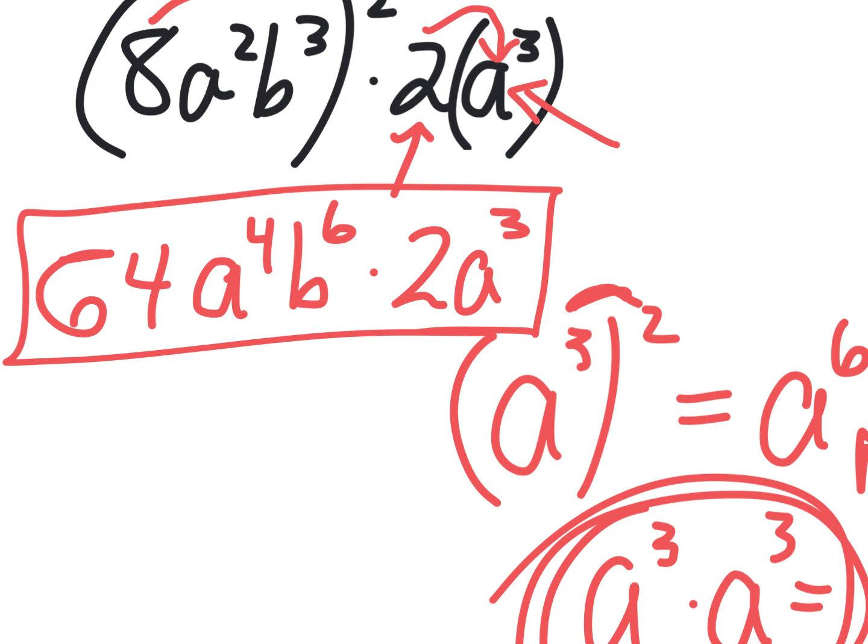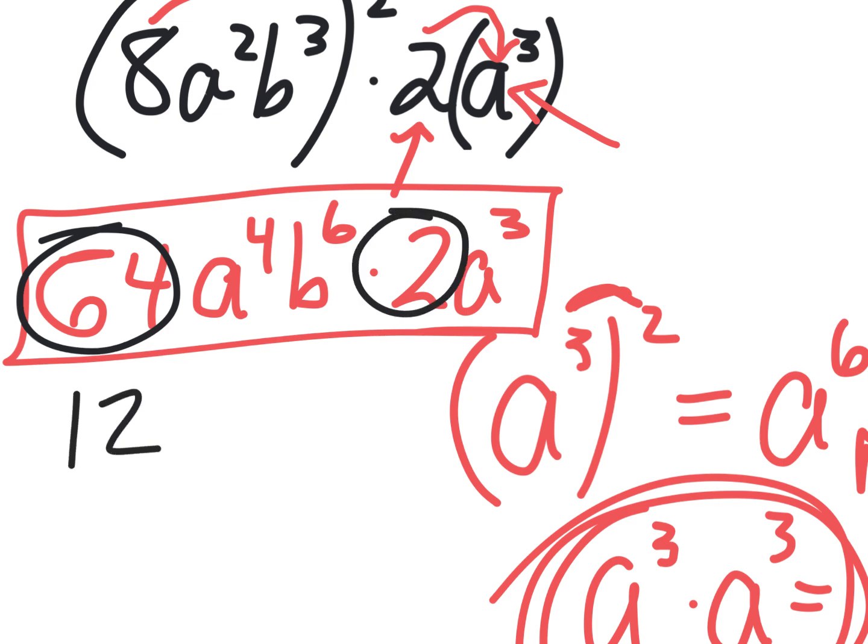Why not? Well, because you got to combine like things. When they're all being multiplied, that and that can go together. 128. And then this and this can go together, and that's the kind you add.